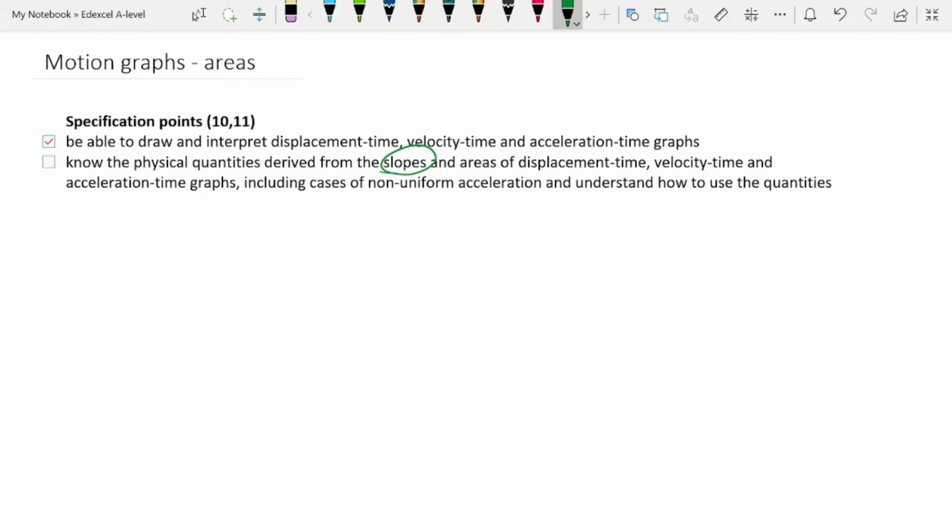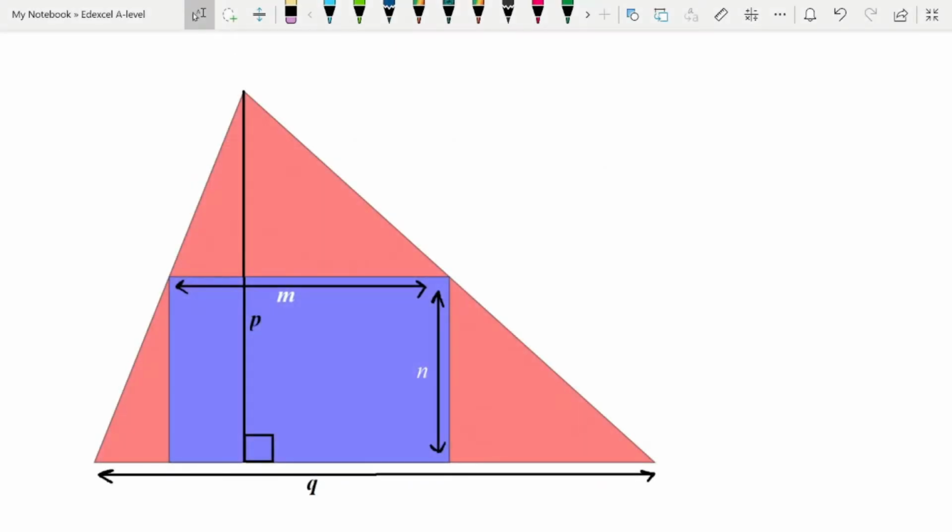Before we do that, we need to do a little bit of geometry. The vast majority of the shapes we're going to come across are either triangles or rectangles. The area of a triangle is half the base times the height. We try to make it as simple as possible, so we want right-angled triangles.